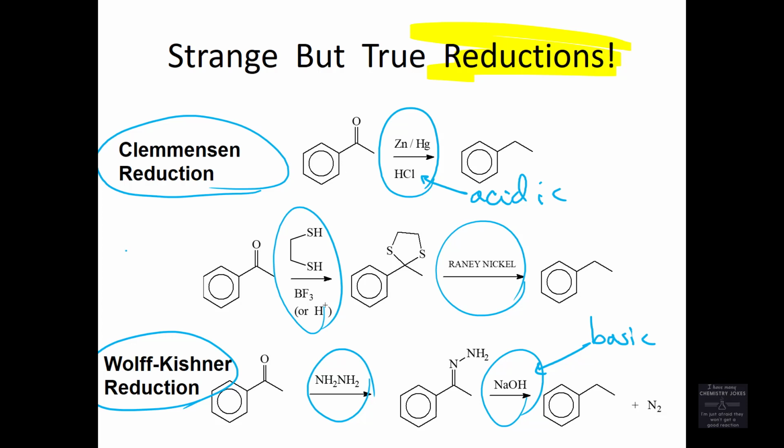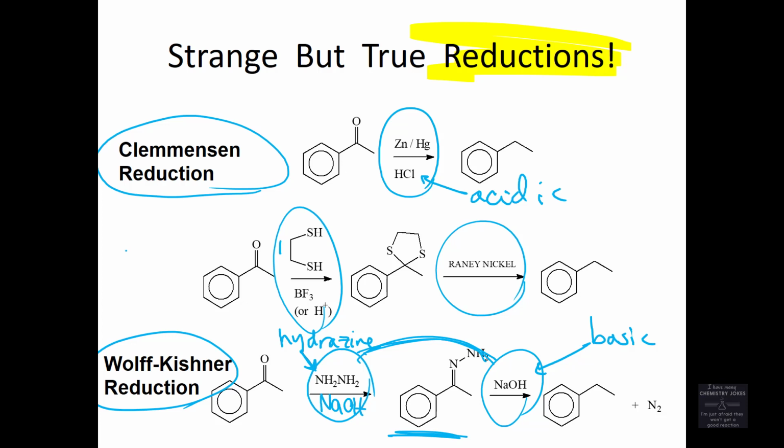These reagents down here are on separate arrows because it's showing you one of the intermediates that it goes through, but it's a basic hydrazine and hydroxide that is added all together. It's not a stepwise addition. This thing I already said is hydrazine. So zinc, mercury, HCl, Clemmensen; hydrazine and hydroxide, Wolff-Kishner.